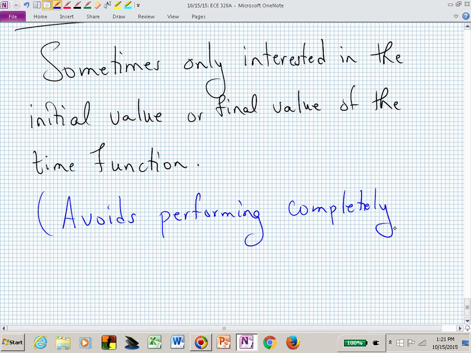Here I'm going to say they avoid performing the complete inverse Laplace transform.